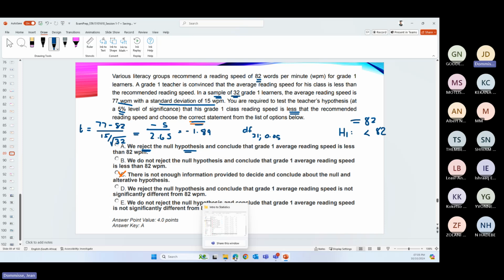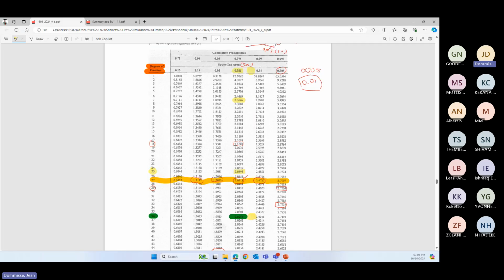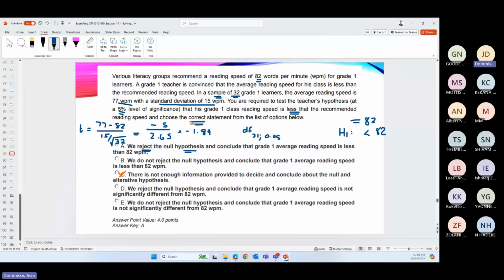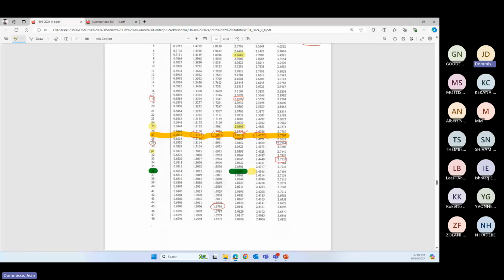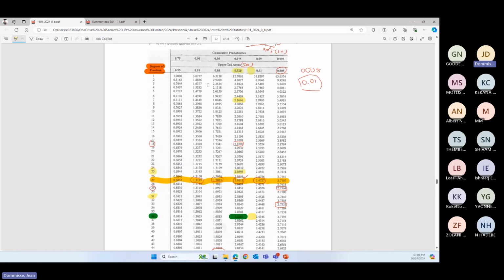Because that will give us two different answers. So let's quickly see. It was degrees of freedom 51. Degrees of freedom 51. So if I go at 0,05, I get 1,69. If I go at 0,025, I got 2,02.